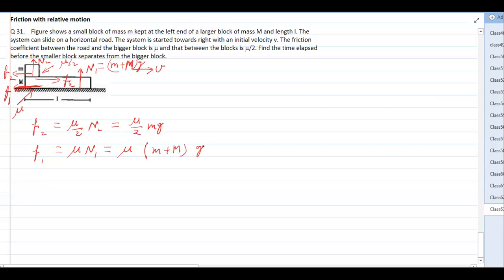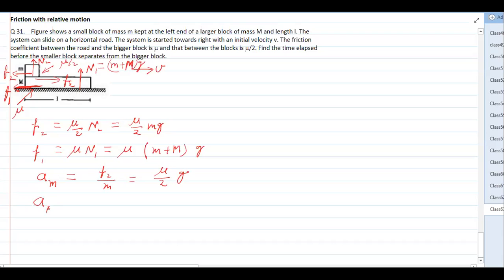Now we will write the decelerations for the two objects. Acceleration for small m: if you write just the magnitude, it will be F2 by m, that is mu g by 2.